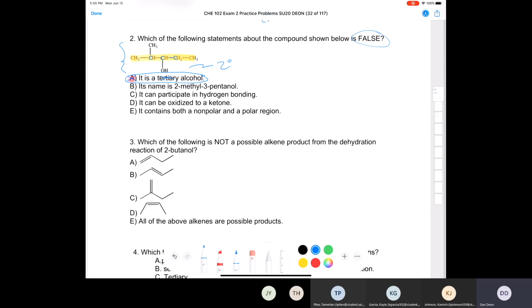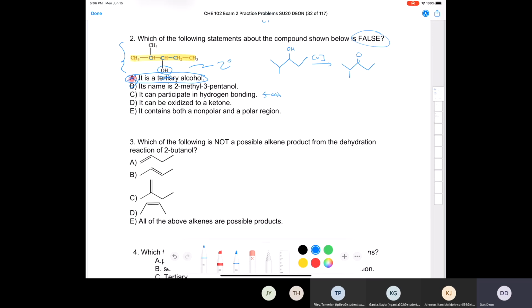Its name is 2-methyl-3-pentanol. It can participate in hydrogen bonding because it has an OH group, right? If you have a hydroxyl. It can be oxidized to form a ketone. The answer to that is yes. So if I have 1, 2, 3, 4, and draw the bond line structure, of course, I can oxidize a secondary alcohol to a ketone like this. That's something we can do.